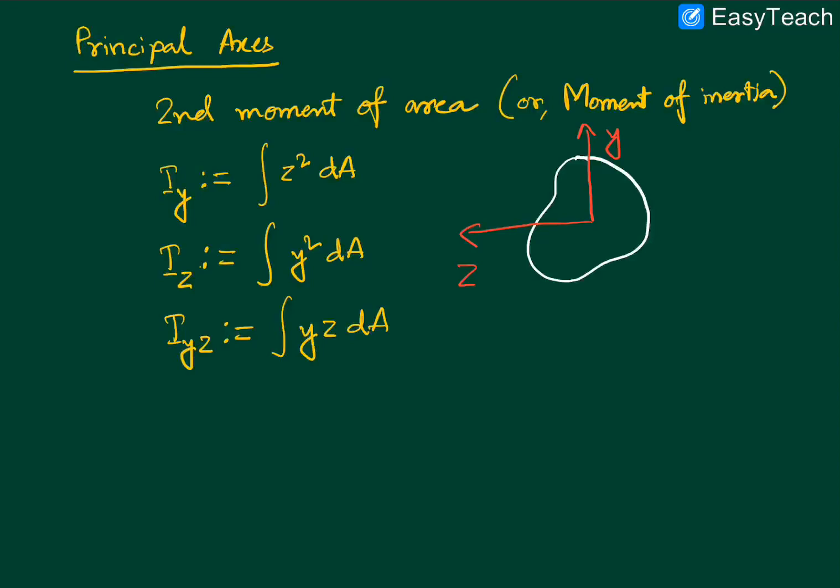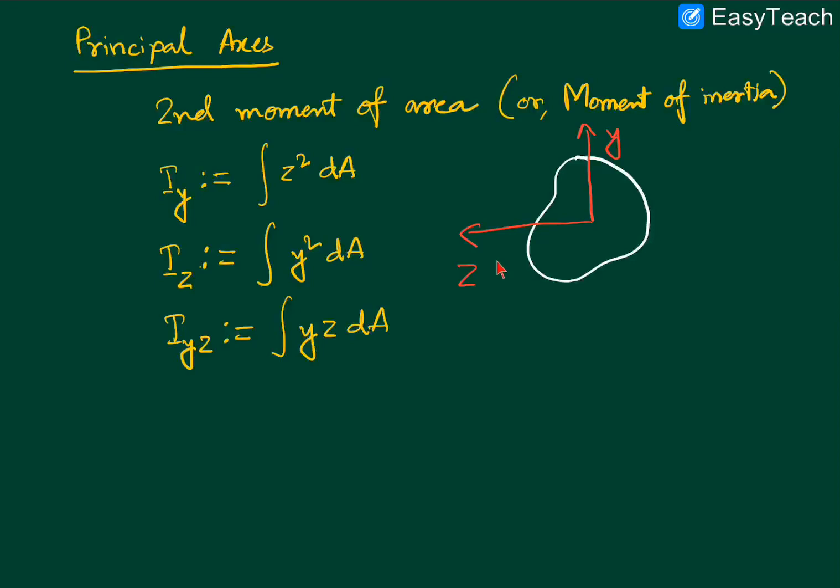Now, to go back to the question of what are principal axes, we have to understand first of all that the values of Iy, Iz, and Iyz depend very much on our choice of the y-axis and the z-axis.